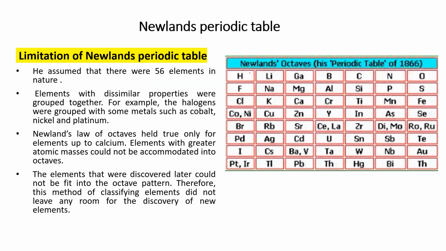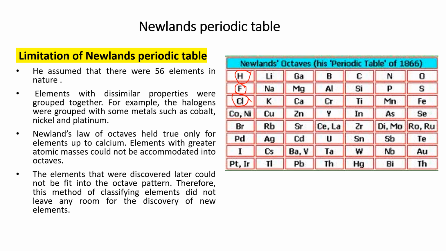Here is hydrogen, the first element, and after that lithium, beryllium, boron, carbon, nitrogen, oxygen, and then fluorine. The properties of hydrogen and fluorine are near about similar. Then sodium, magnesium, aluminium, silicon, phosphorus, sulfur, and the eighth element is chlorine, whose properties are similar to hydrogen and fluorine.